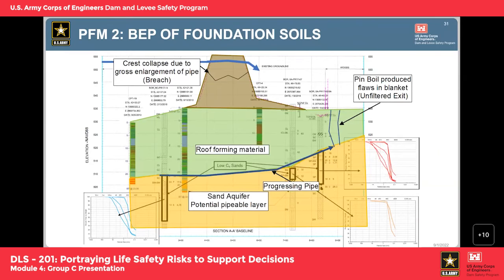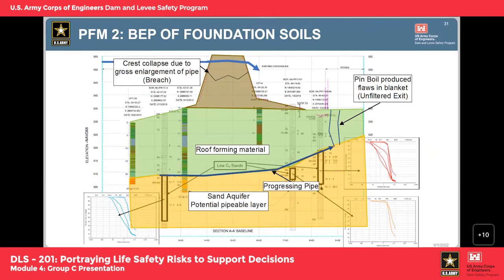CPT and boring data both verified the existence of this granular zone, and within it, a zone with poorly graded sand that also had a low coefficient of uniformity. Those are called out in the drawing as low CU sands.